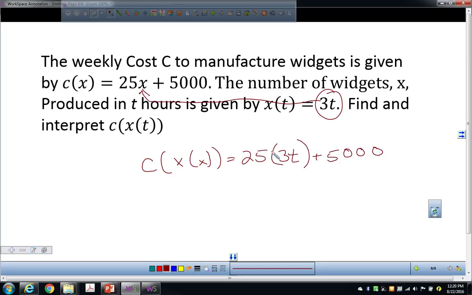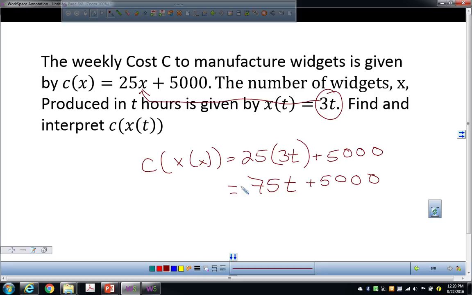And I could simplify that to 75T plus 5,000. Okay? Can anyone interpret what that means? If I were in a business, it's kind of like the gas example that I gave you at the gas station, or how many dollars a minute. What is T?